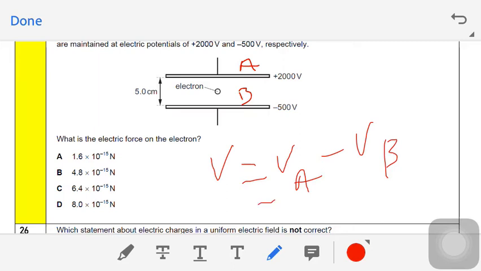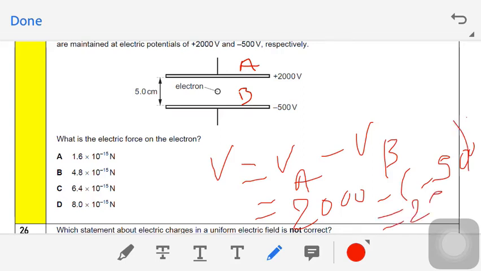But if you look, that is 2000 minus 500. So 2000 minus 500 would be 2500, right? So that's the issue here. Once you are able to calculate that potential difference, then I think the rest is easy.